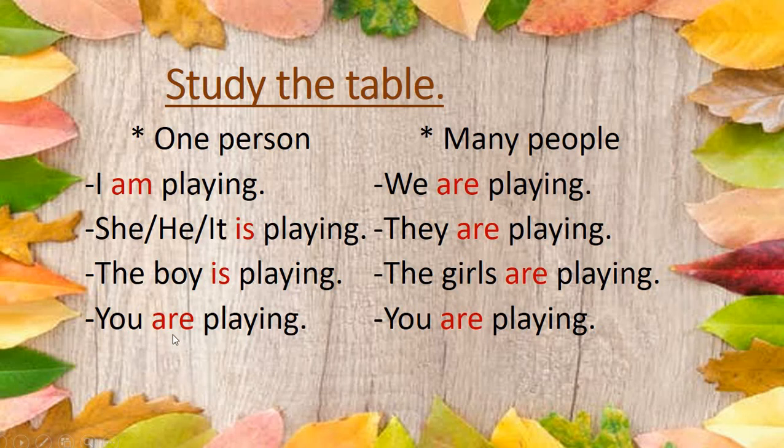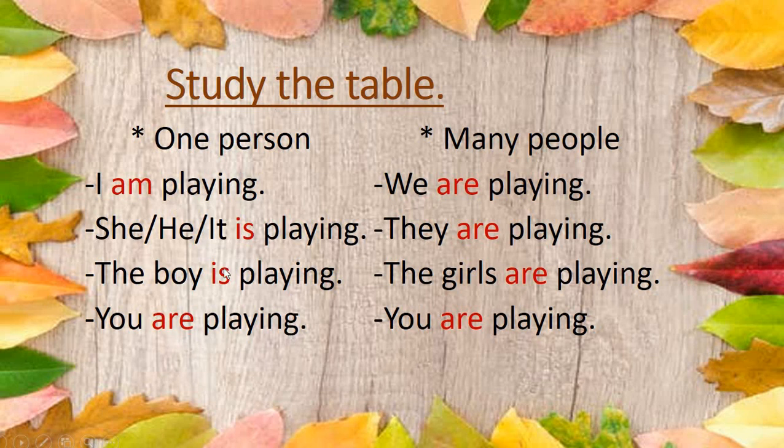You are playing. When we are talking to another person in front of us, we use you. You are playing. One person: I am playing. She, he, it is playing. The boy is playing. You are playing. This is for one person.